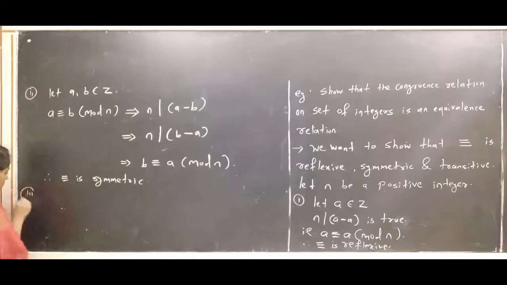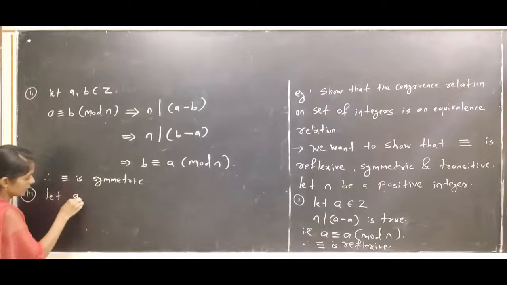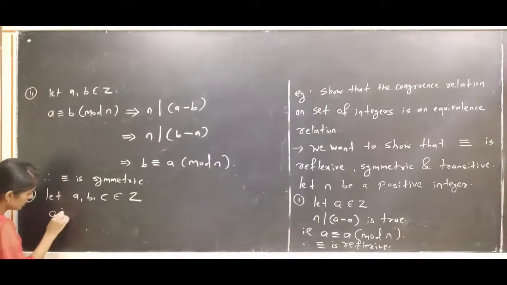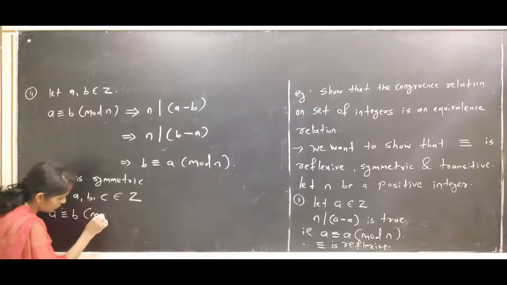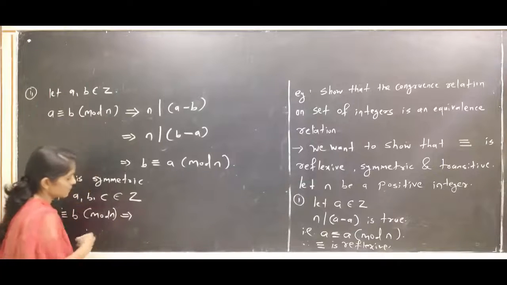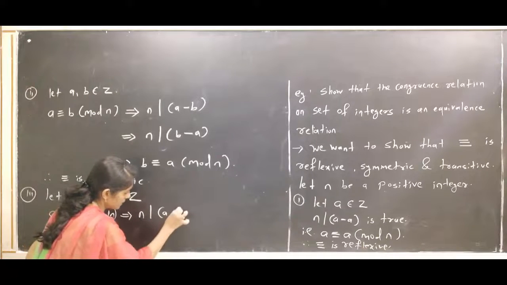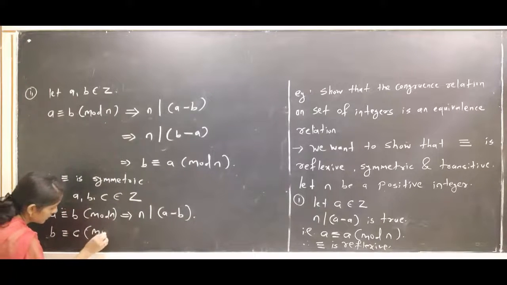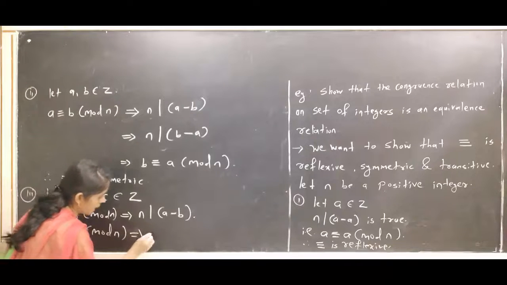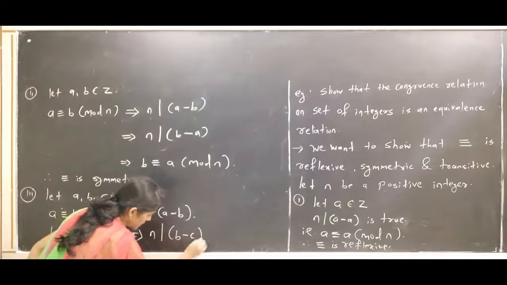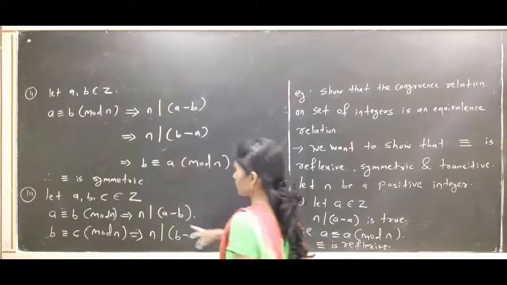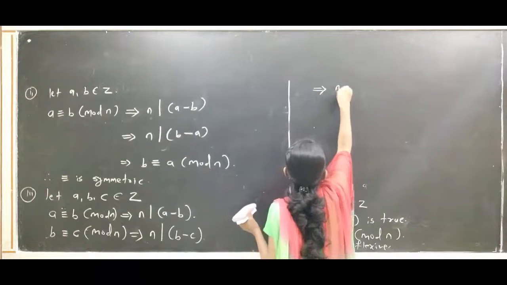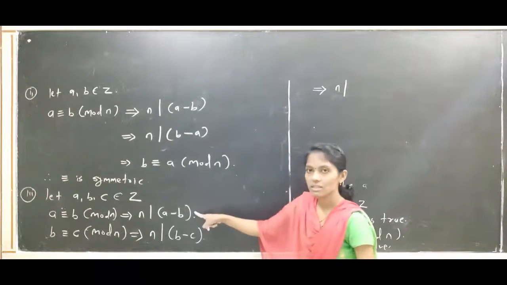Therefore, congruence relation is symmetric. Now, third point, let A, B and C belong to the set of integers. So here A congruent to B modulo N. This implies that N divides A minus B. And B congruent to C modulo N. This implies that N divides B minus C. So see here, N divides A minus B and N divides B minus C. This implies that N divides, we take addition of these two.